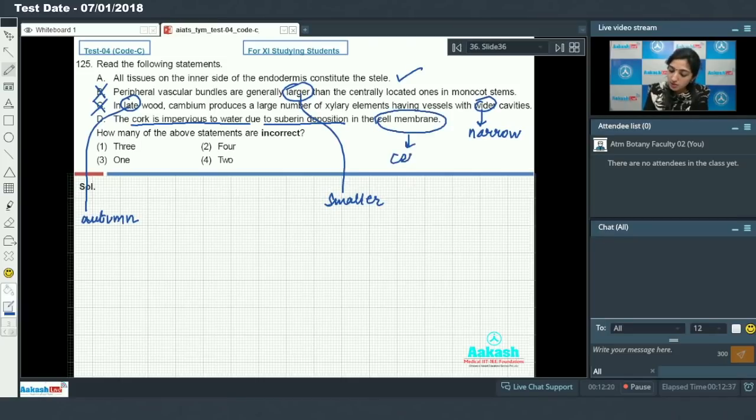It takes place in the cell wall. So this statement is again incorrect. So out of these 4, only statement A is correct. That means out of these 4, 3 statements are incorrect. So the answer to this question is option number 1.